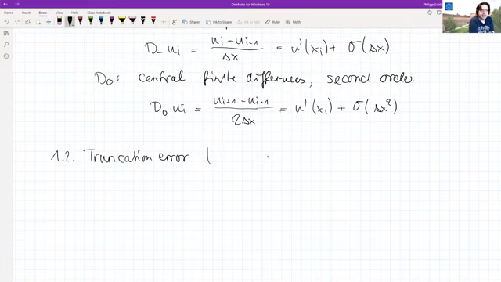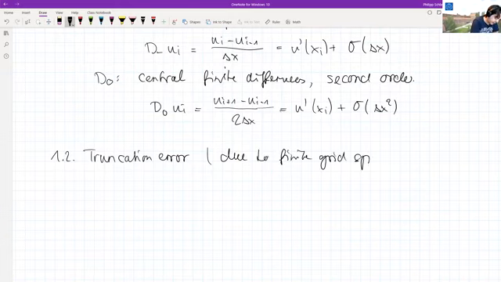So that's the error that I make when I go from the continuous representation into the discrete representation. And of course, this truncation error appears exactly here when I do finite differences, but you can also view it as a much more general concept when I go from my continuous flow field or representation into the discrete one. So truncation error is always the error that I make due to finite grid spacing.